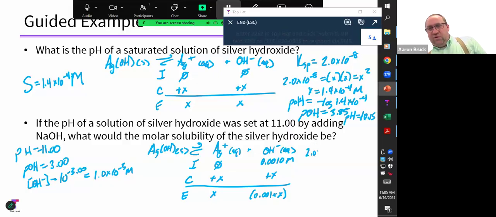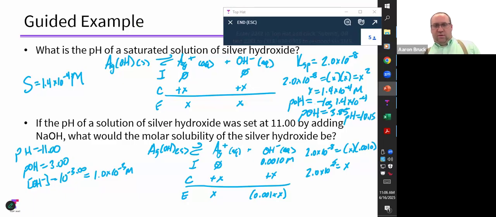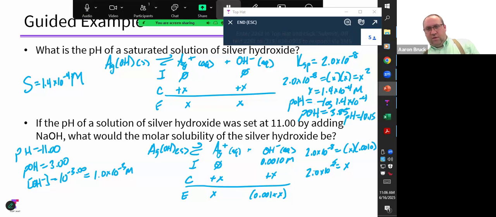So if we go 2 times 10 to the negative eighth is equal to x for silver and 0.001 for hydroxide, the concentration of silver is going to be 2.0 times 10 to the negative fifth. And so that would be its molar solubility.